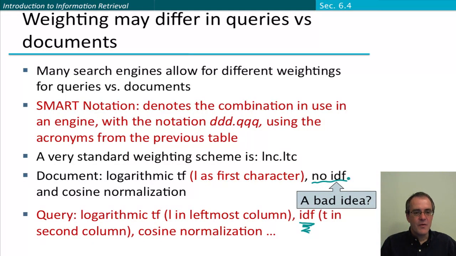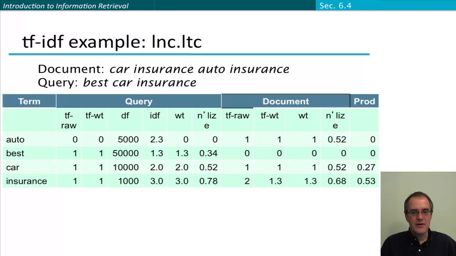Let's take this weighting scheme and again go through a concrete example. So we're just going to be working out the score for precisely one document against one query using this weighting scheme, but we'll do it in great depth. Okay, so our document is car insurance, auto insurance. It's a bit of a fake document, but we wanted something short. And then the query is best car insurance.